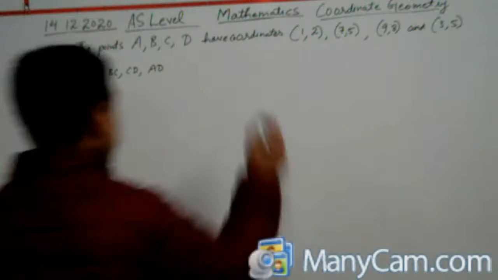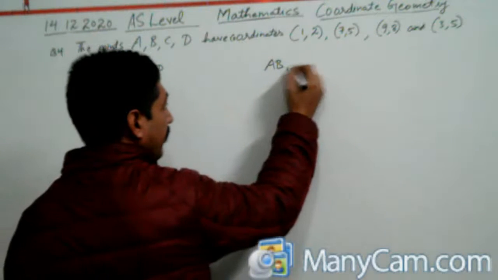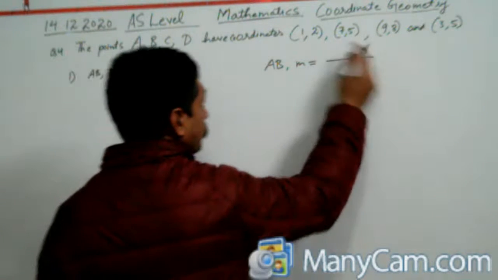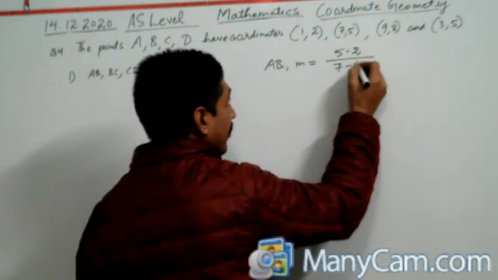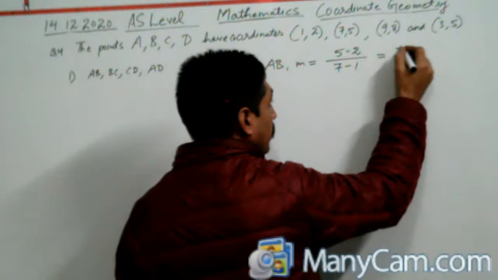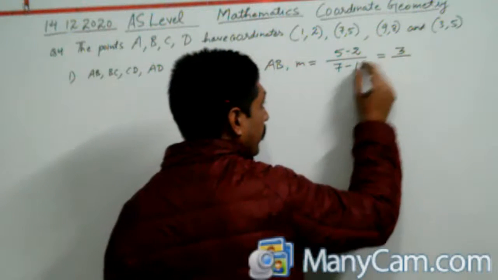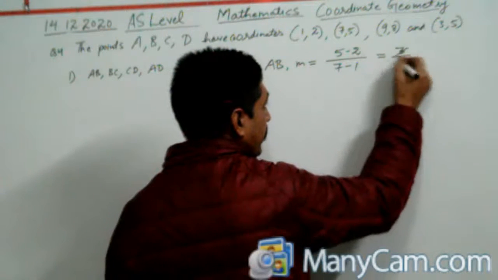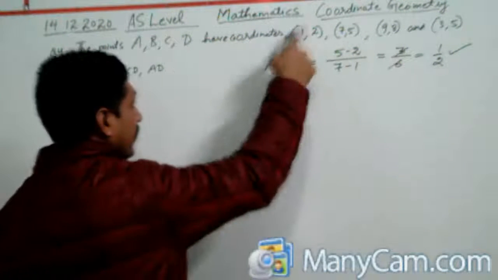For AB, the gradient m is equal to (5 minus 2) upon (7 minus 1), that is 3 by 6. So the gradient of AB is 1 by 2.